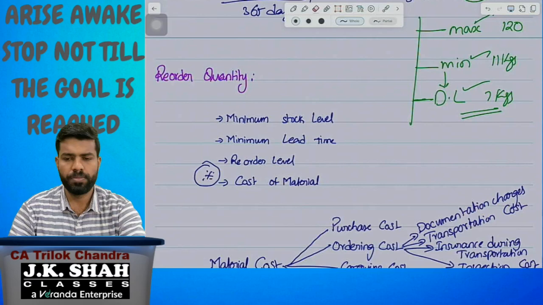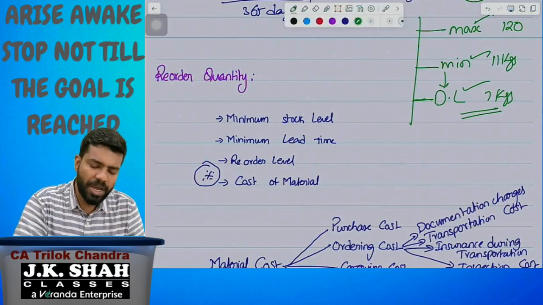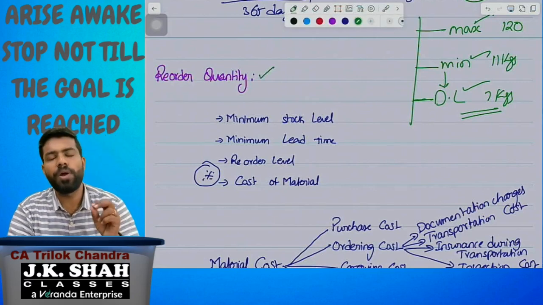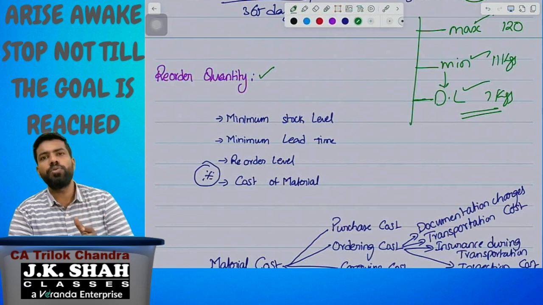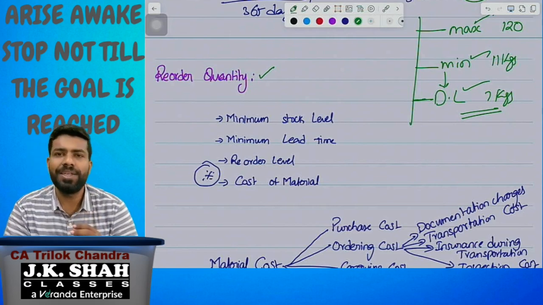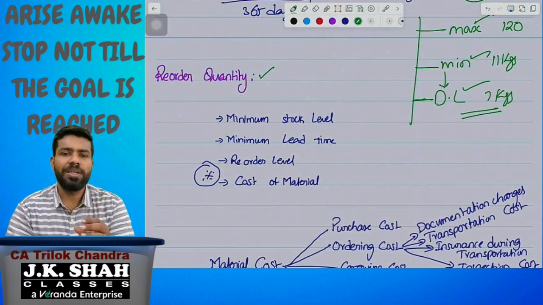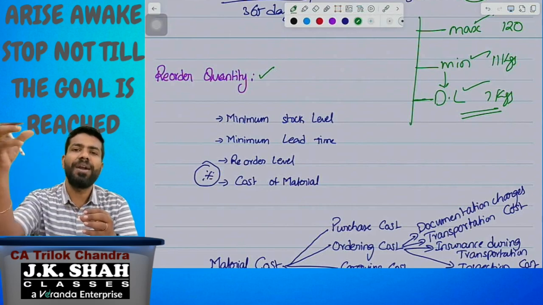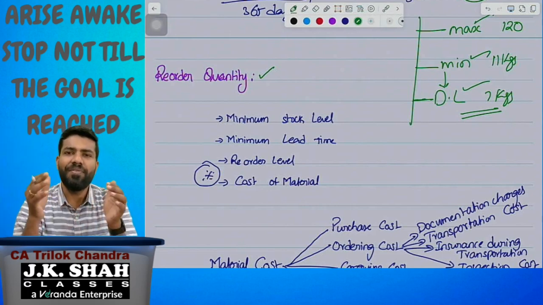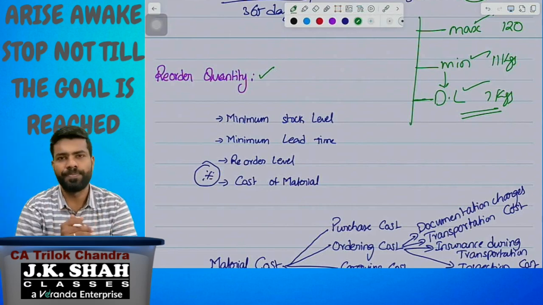Before understanding EOQ, let us understand ROQ, reorder quantity. I already told you, reorder quantity is nothing but the quantity that needs to be ordered each and every time when we place the order.